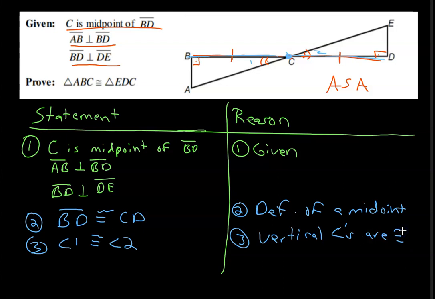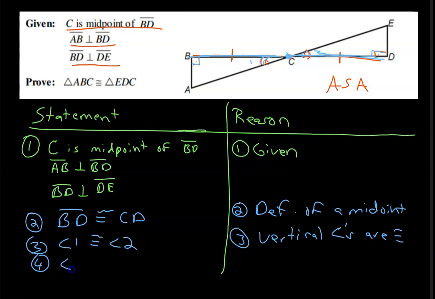So once you prove all those things, as in this segment is congruent to that segment, and this angle is congruent to that angle, the last thing I added to my picture was this was a right angle, this was a right angle. The reason why I said they were right angles, the perpendicular lines make right angles.